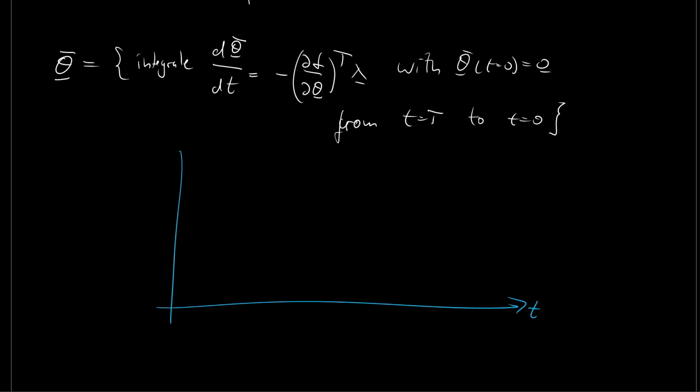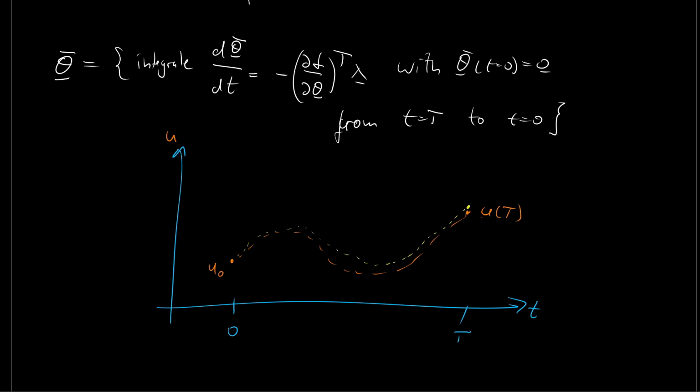So we will have time, and then here let's have u, and let me maybe indicate again the 0 point and the capital T point. And now we have our starting points. This is the initial condition, and then we integrate the dynamics to get our final point, so u at capital T. Then we will start at that point again and integrate backward in time.